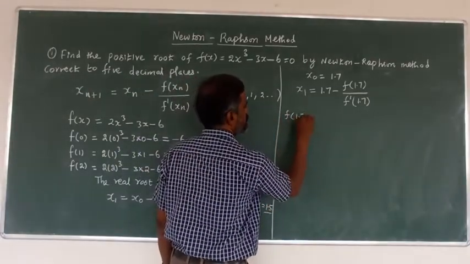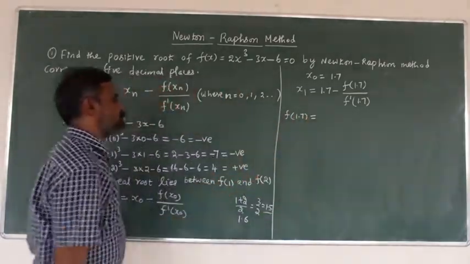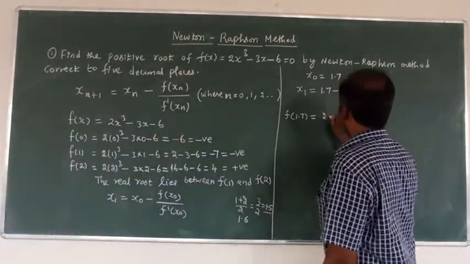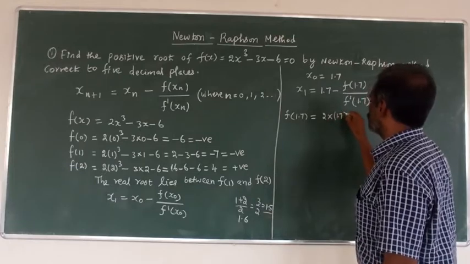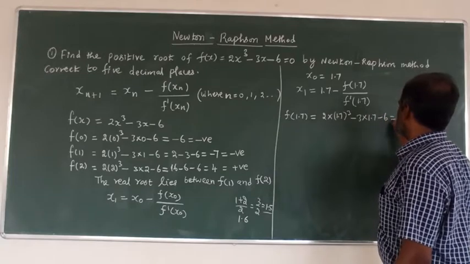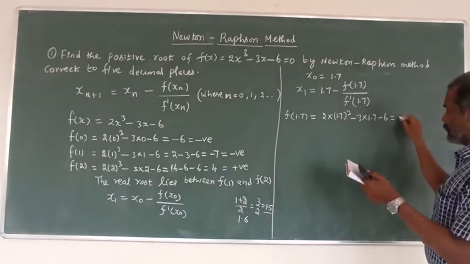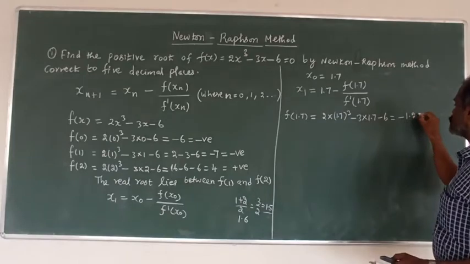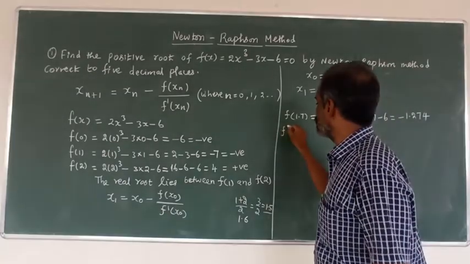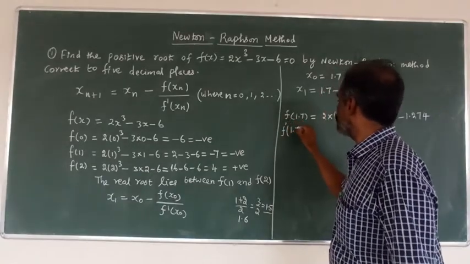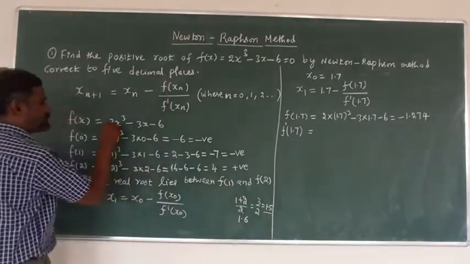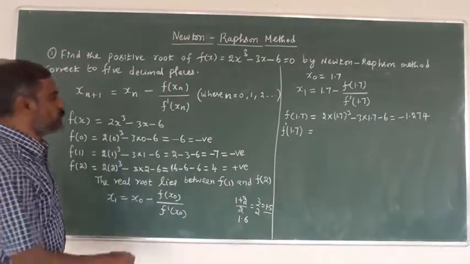f of 1.7 equals, we have to substitute the x value here, 2 into 1.7 cube minus 3 into 1.7 minus 6. We can get the result 1 minus 1.274. Next, f dash of 1.7. f dash means we have to differentiate f of x once.